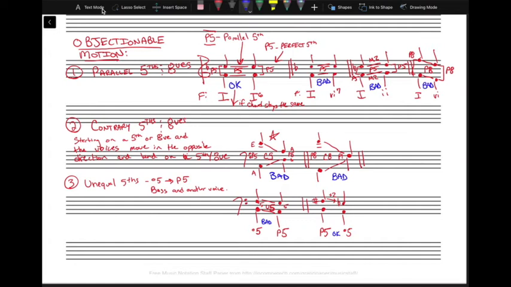The last type of objectionable fifths motion that we're going to try and avoid is called the direct fifth, and we'll just do it in blue, why not? You'll also hear me refer to it as a hidden fifth, because it is rather difficult to spot.